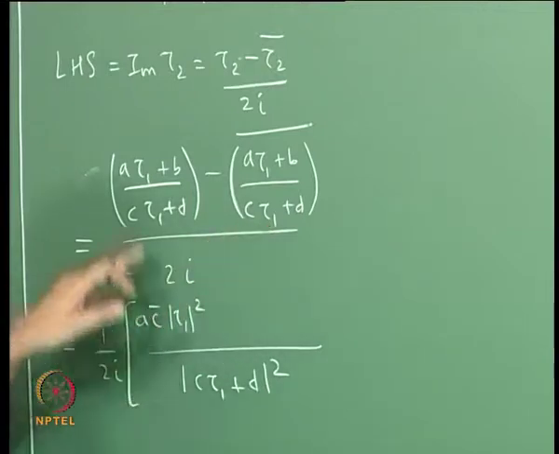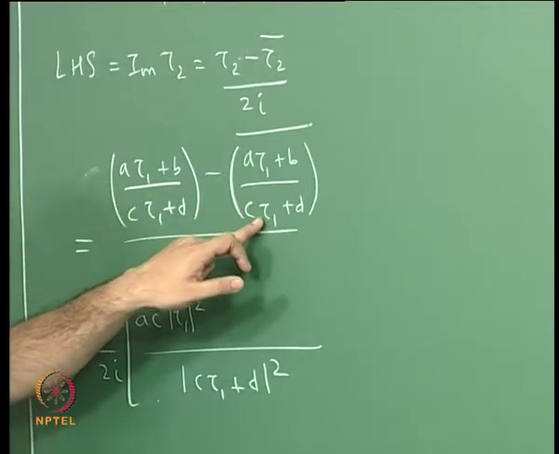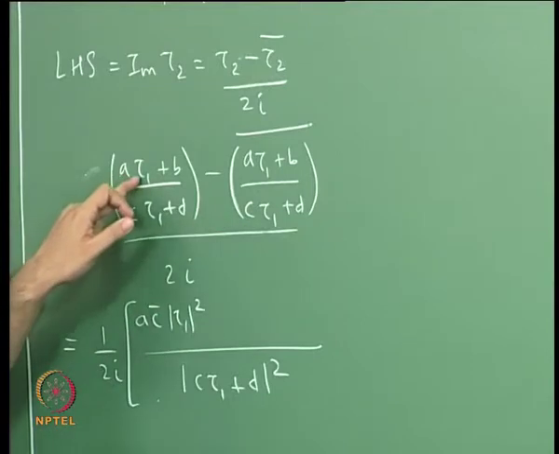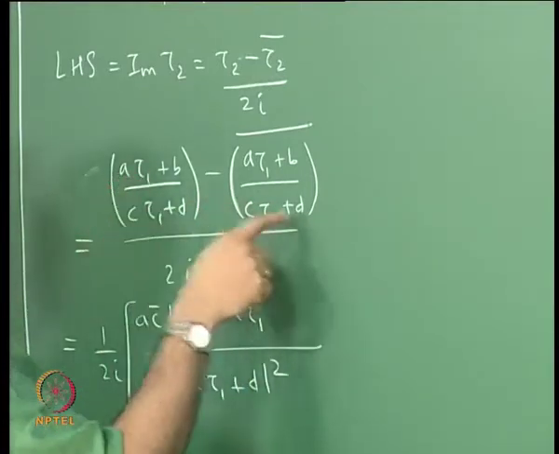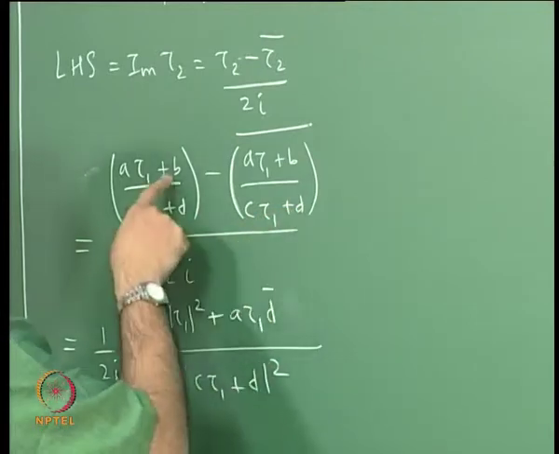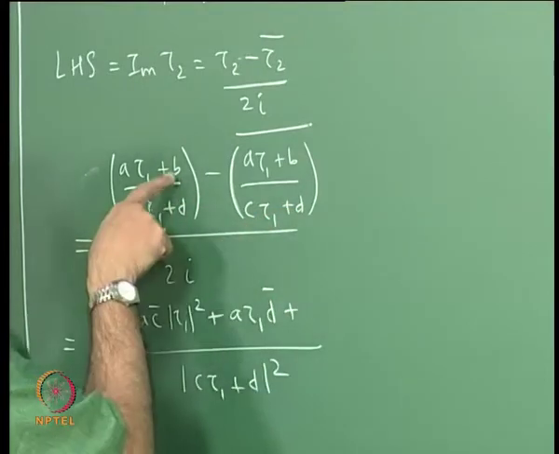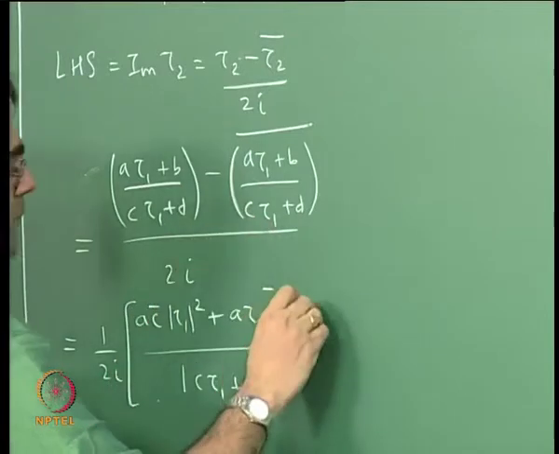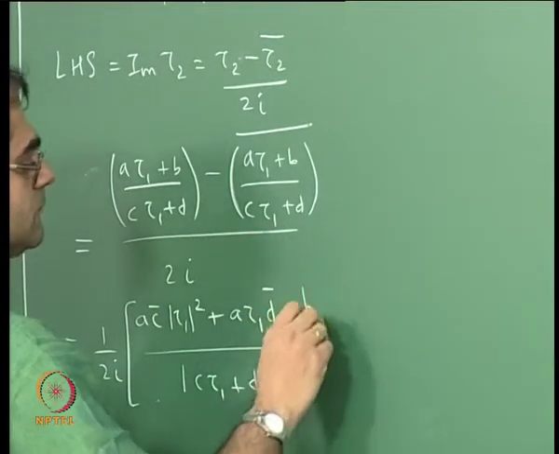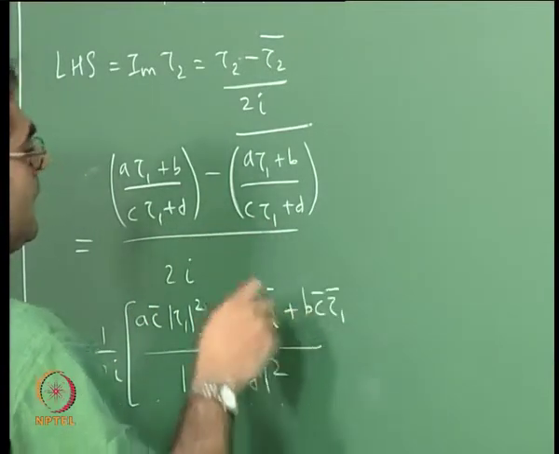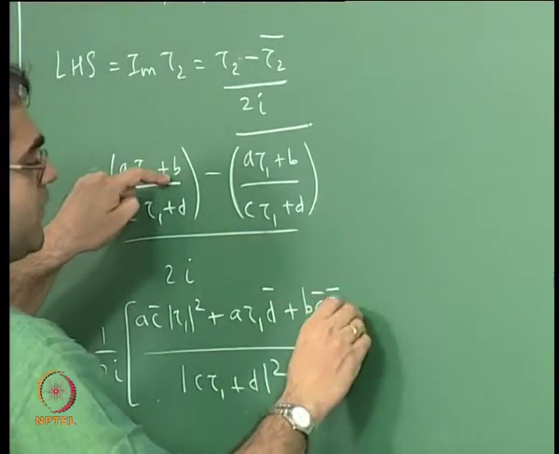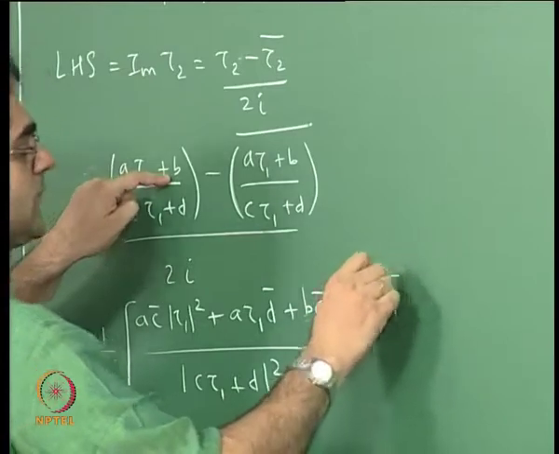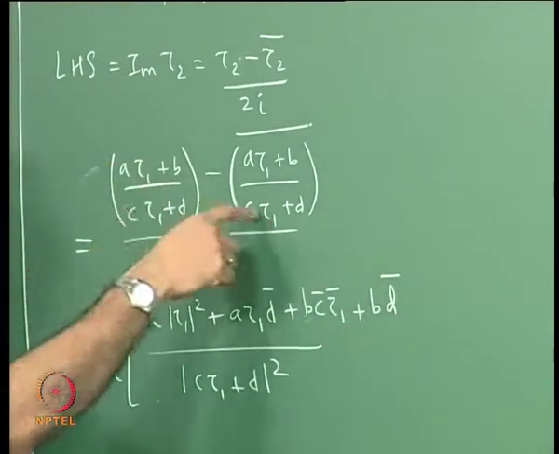Then I will get A tau 1 times D bar, and then B into C bar tau 1 bar, and B into D bar. This is what I get when I multiply this with this.